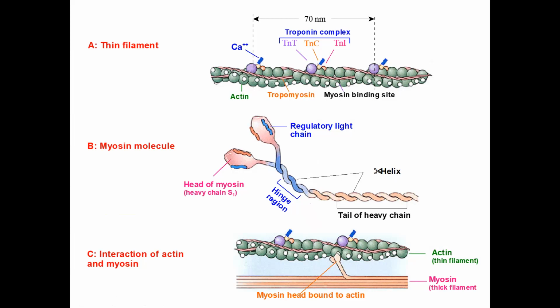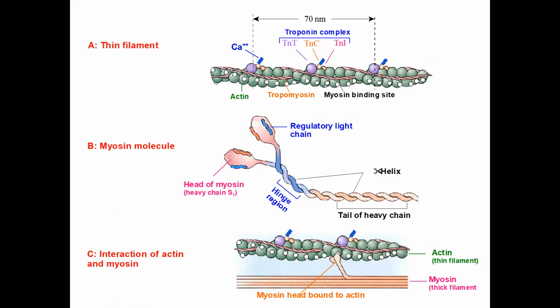Okay? And now if you look at the head, and that is important for you to know also, the head has two binding sites. One site binds with actin. It has a binding site to bind with these positions on actin. Okay? There is another binding site which binds ATP.